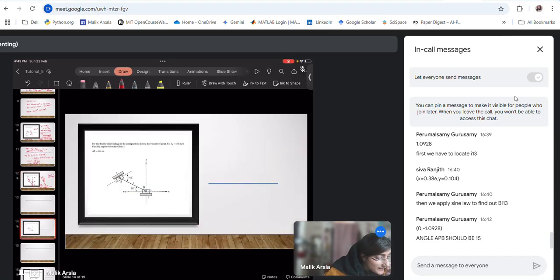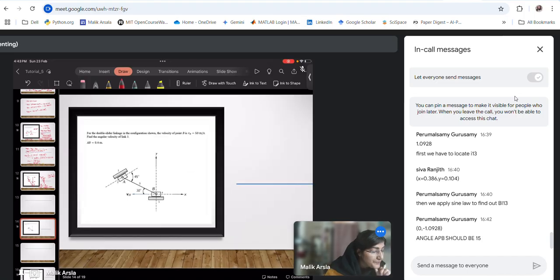Now in this same question, we have to figure out the angular velocity of link 3.